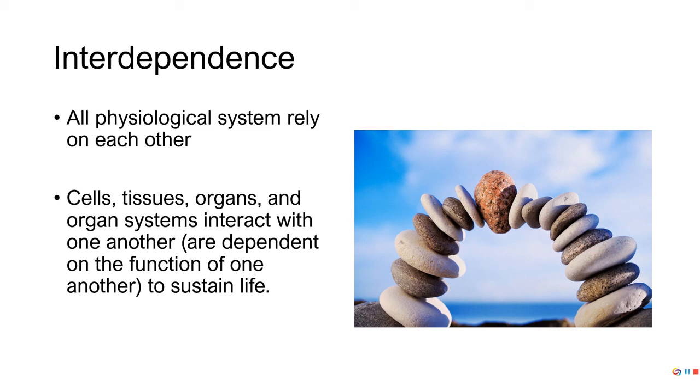If you just think about your physiological systems, well, if you get rid of one, what's going to happen? Okay, what happens if you get rid of your hormones? Well, you're not going to be able to do a lot of things. If you get rid of your nervous system, you're not going to be able to do a lot of things. You get rid of your muscular system, you're not going to be able to move. Okay, and so these all work with each other to help maintain life, allow you to do exercise, allow you to just do your normal thing.